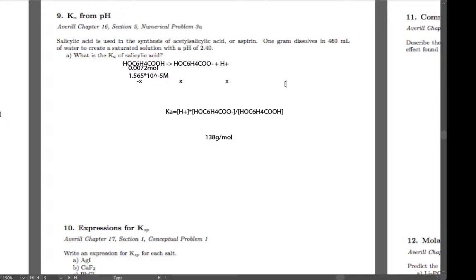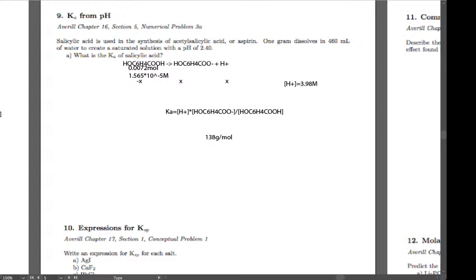In this case we know the concentration of H plus, which is 10 to the power of negative 2.4. What I got here is 3.98 molars.